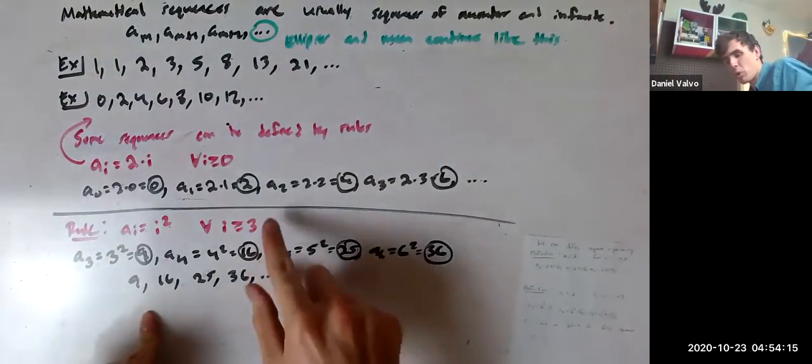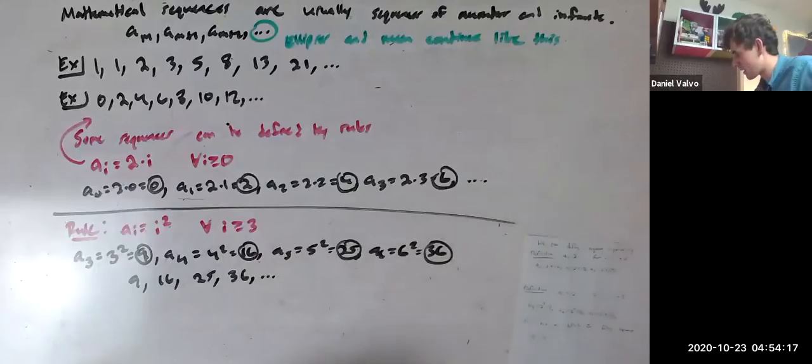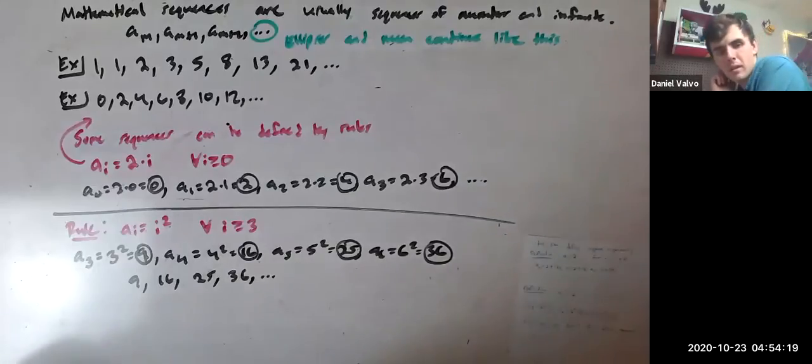That's the sequence this rule describes. And as far as we're concerned in this class, every sequence has a rule associated with it. Although, if you take advanced calc, you'll find it's not exactly true. But yeah.